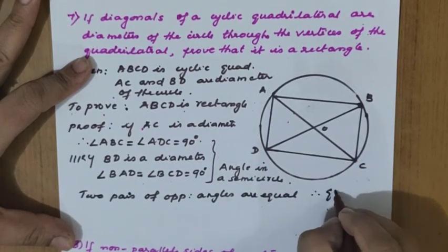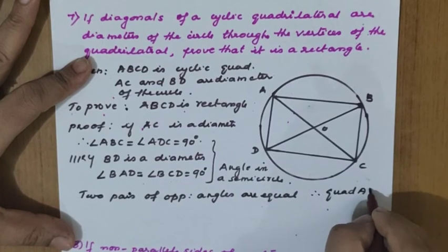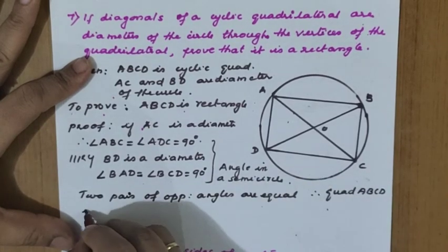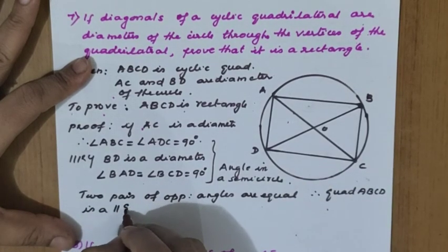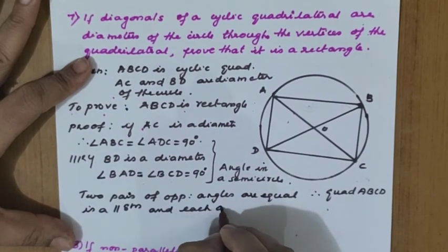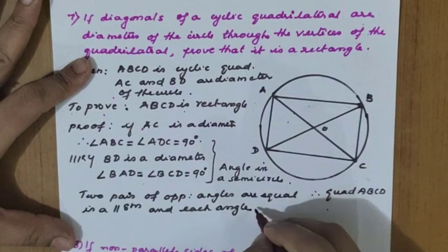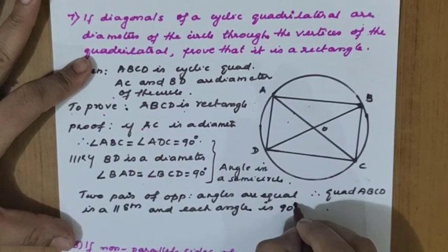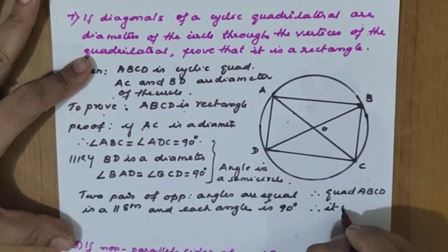Therefore, quadrilateral ABCD is a parallelogram and each angle is 90 degrees. Therefore, it is a rectangle.